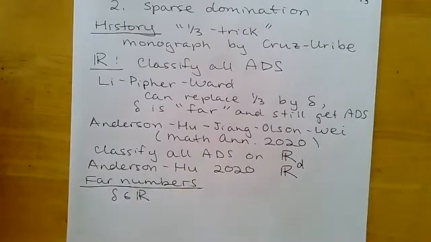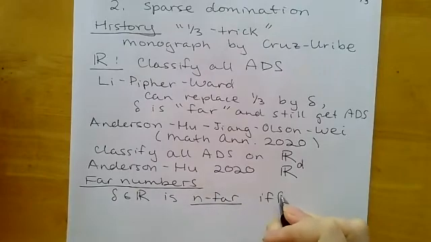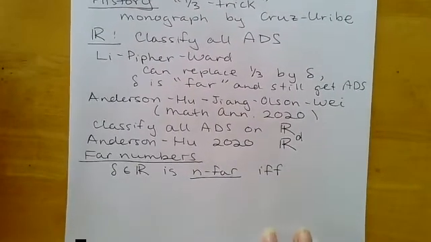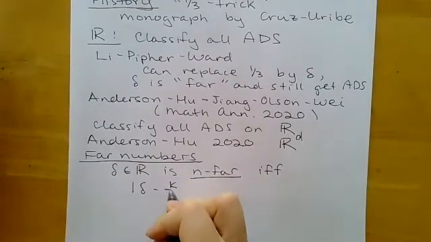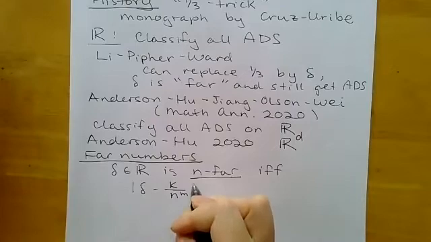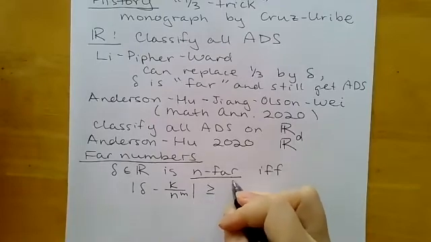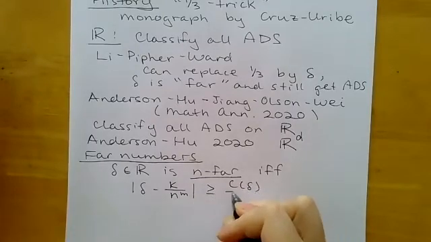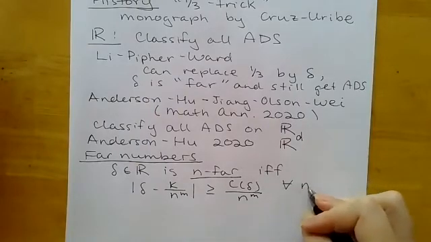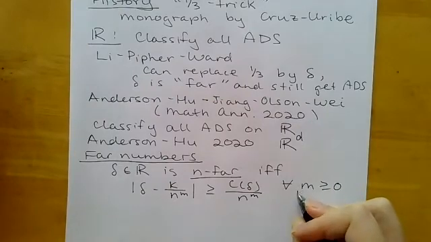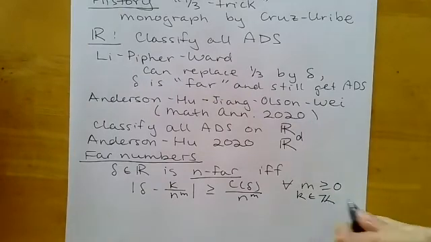So delta in R is n-far if and only if the distance from delta to rational points of the form k over n^m is bounded below by a constant that only depends on delta over the scaling size, n^m. This is for all m greater than or equal to 0 and all k in Z.